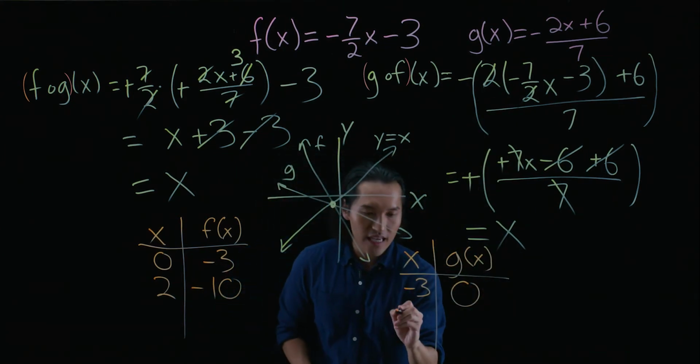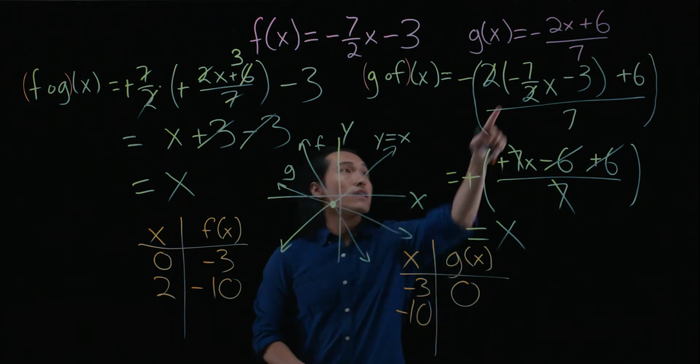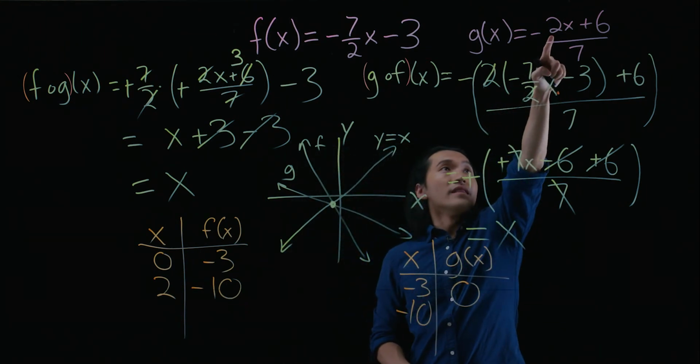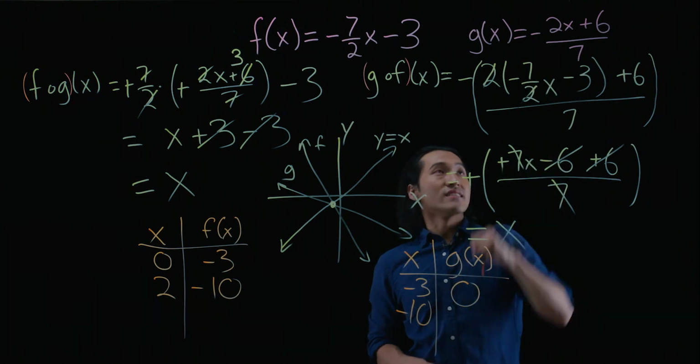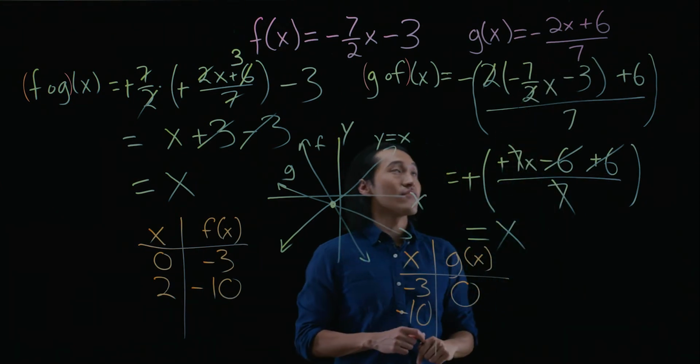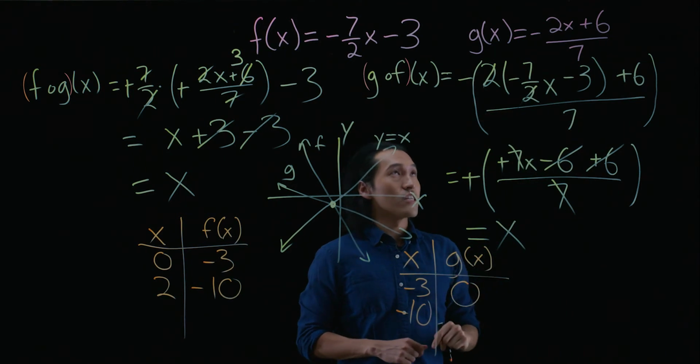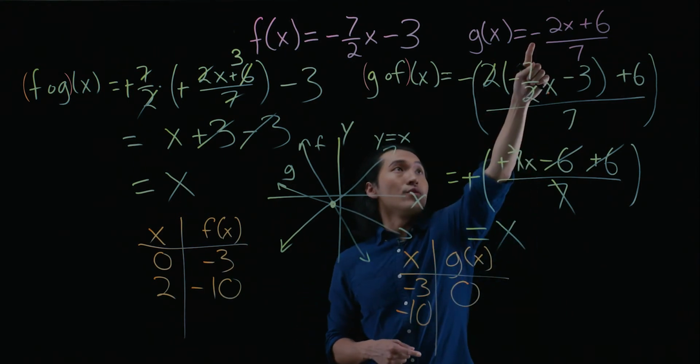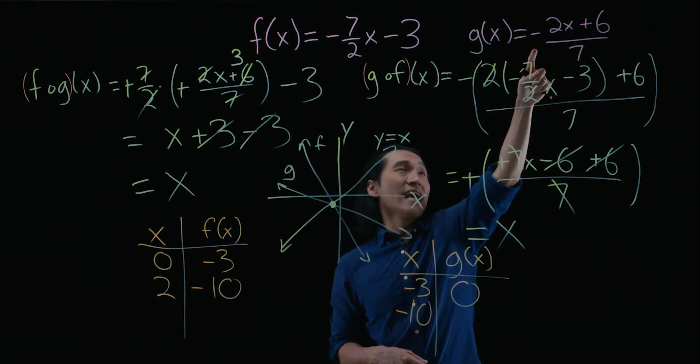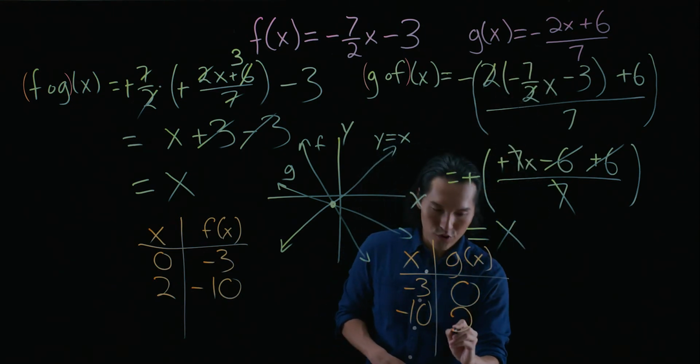If we plug in negative 10 for x, we get negative 20, because 2 times negative 10 is negative 20, plus 6 gives us negative 14. Negative 14 divided by 7 gives us negative 2, and then we multiply that by negative. So a negative negative 2 will give us a positive 2.